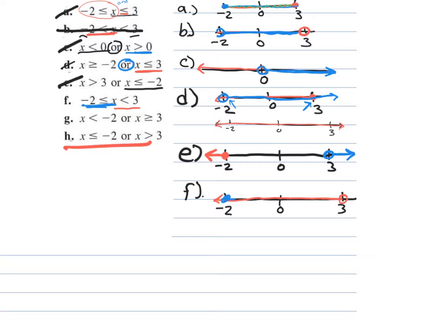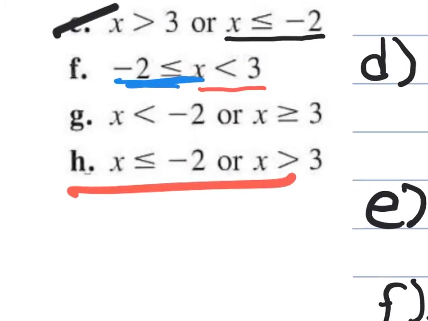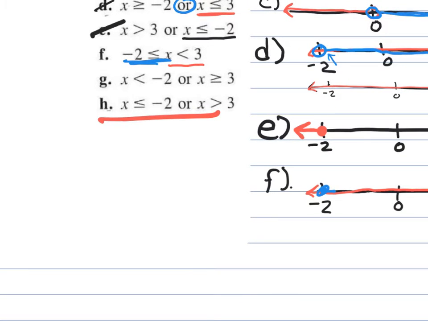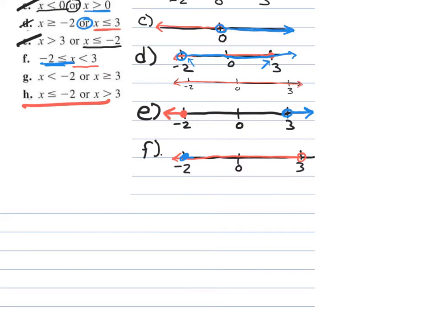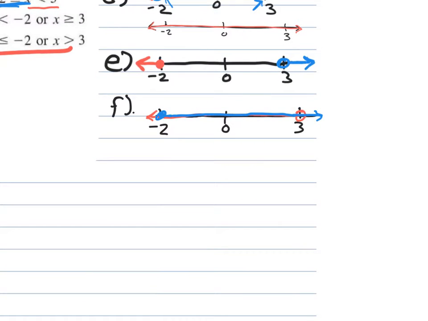So this is x is greater than. I'm always interested in what x is doing. X is bigger than negative 2, so it's all the numbers to the right. Now notice that we're looking for the and here. So it's the ones where both are true. So they both are here, here, here, all the way up to 3.